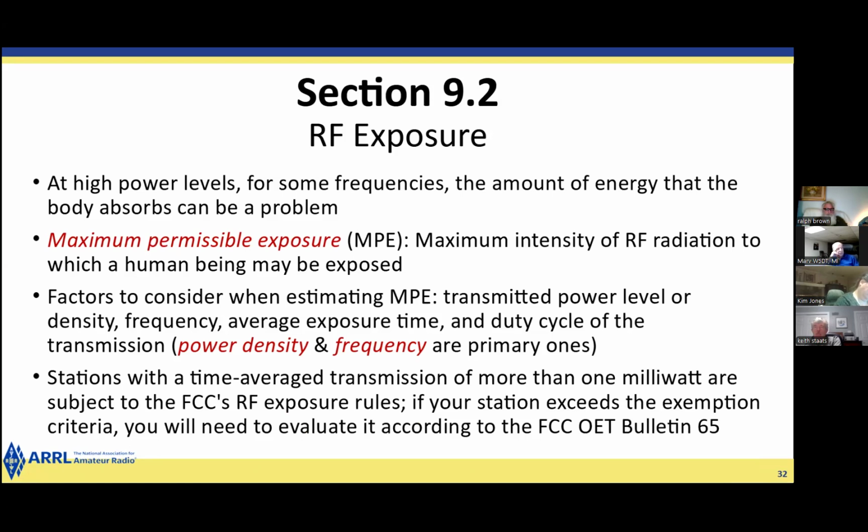Now, stations with a time average transmission of more than 1 milliwatt are subject to the FCC's RF exposure rules. If your station exceeds the exemption criteria, you will need to evaluate it according to the FCC OET Bulletin 65.